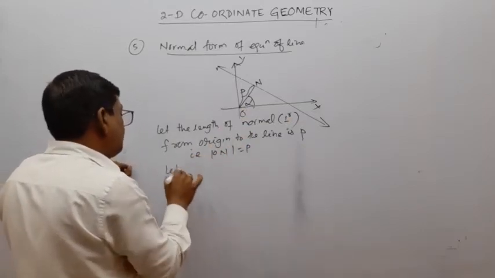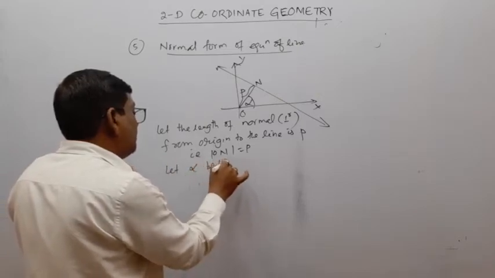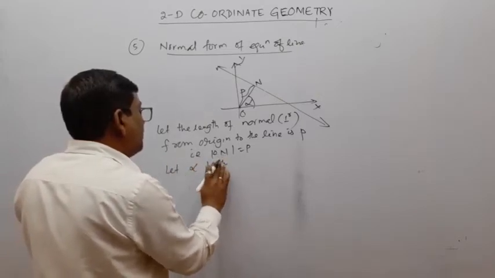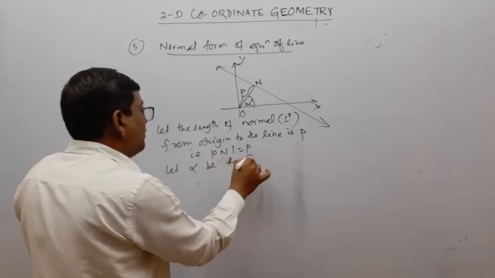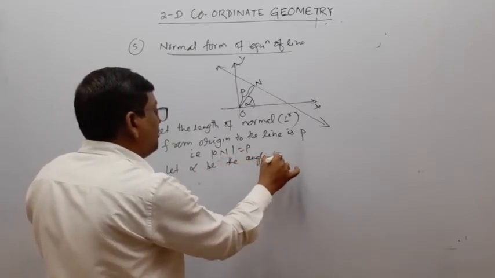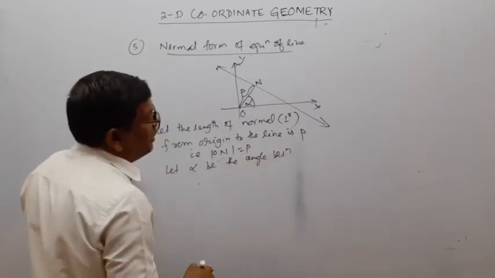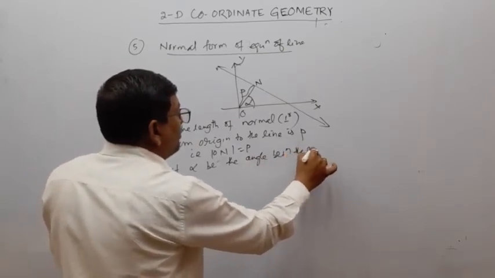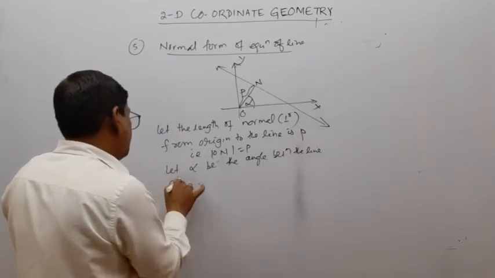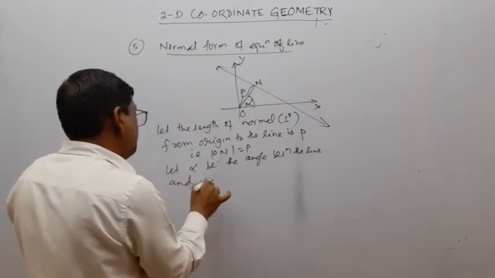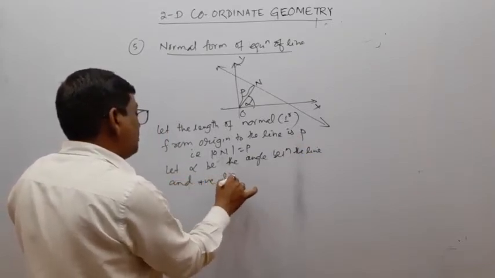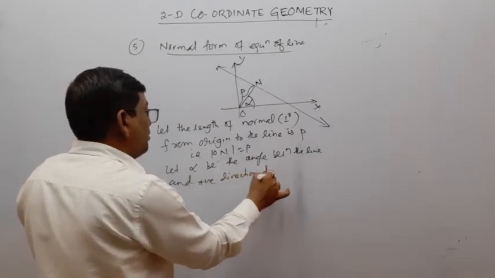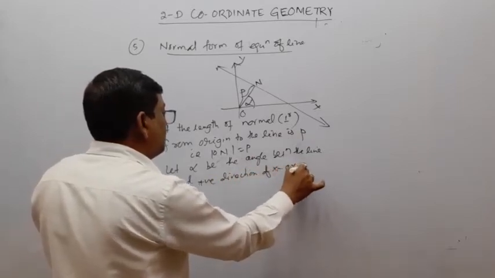Let alpha be the angle between the normal and the positive direction of the x-axis.